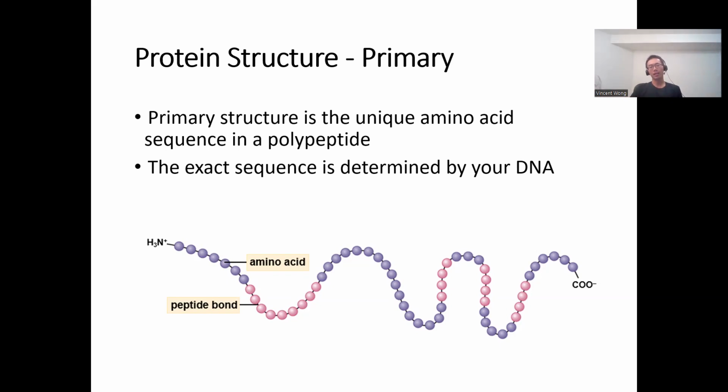Since it is determined by your DNA, if you change the DNA, we call that a mutation, that could end up changing your protein, and it could have undesirable consequences. More on that later. But that's the primary structure.